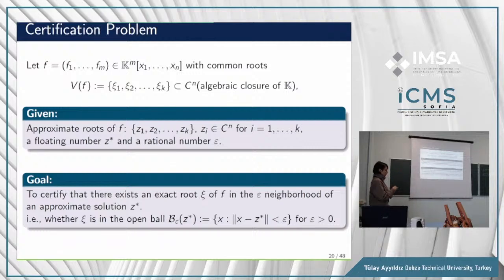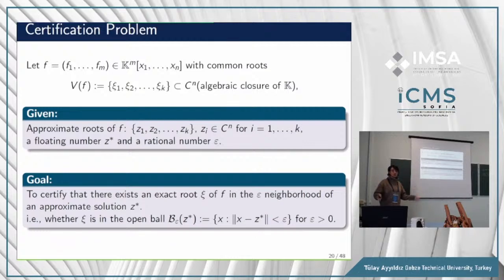So we are given the polynomial system on K, and the variety is 0-dimensional here. The solutions are isolated points, and we are given the approximate roots of f. The exact roots are what we don't know yet, but these are the approximate roots that we are given.